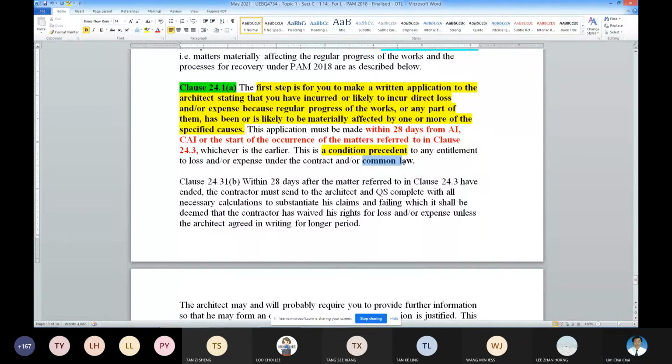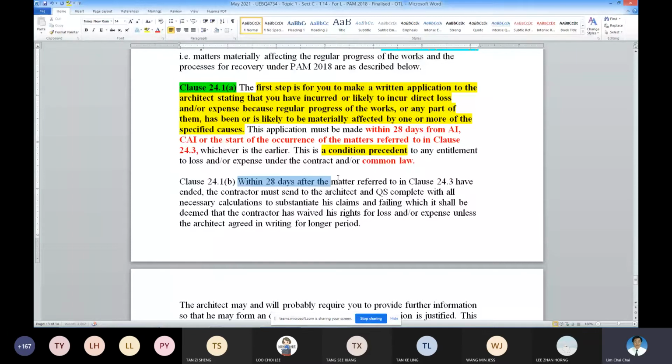claim. The next thing will be 24(1)(b). Okay. 24(1)(b). So this one is after the whole thing is completed, when the matter referred to have been ended. See here?